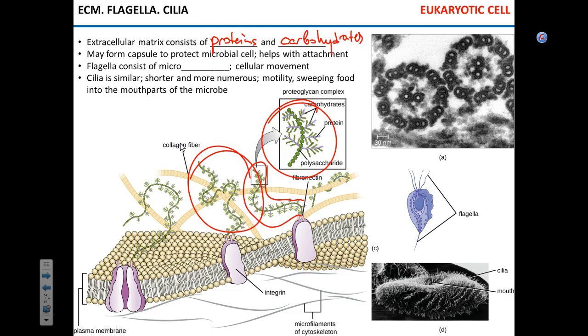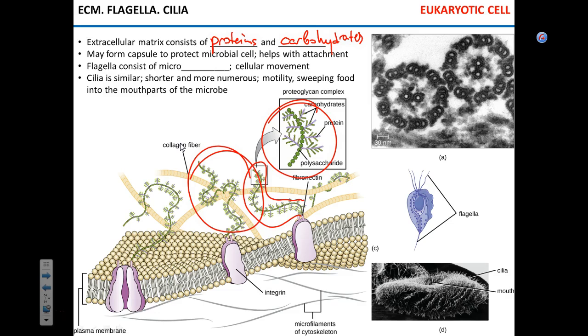There are certain species of fungi that have a capsule. For instance, I think it's Cryptococcus neoformans, an agent that causes skin and CNS infections in immunocompromised patients. Cryptococcus neoformans often forms a capsule. And as in bacteria, the capsule in eukaryotes helps with attachment and protection against phagocytosis. Clear?